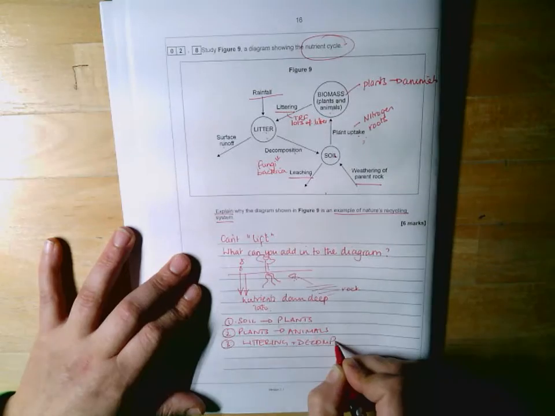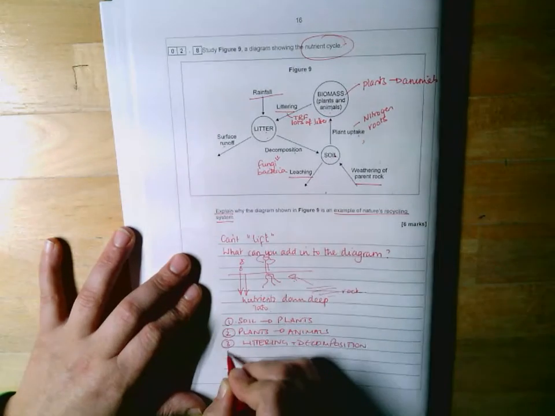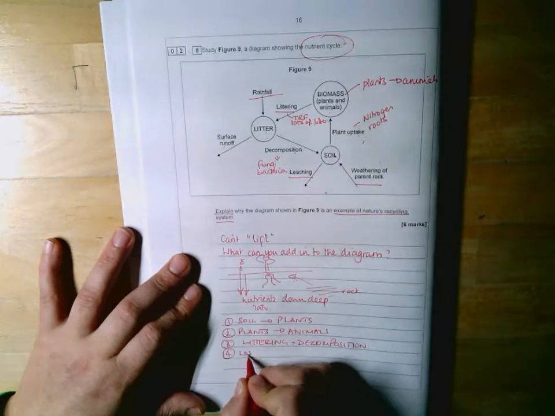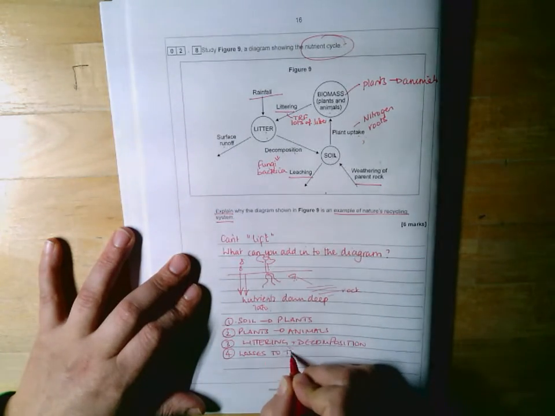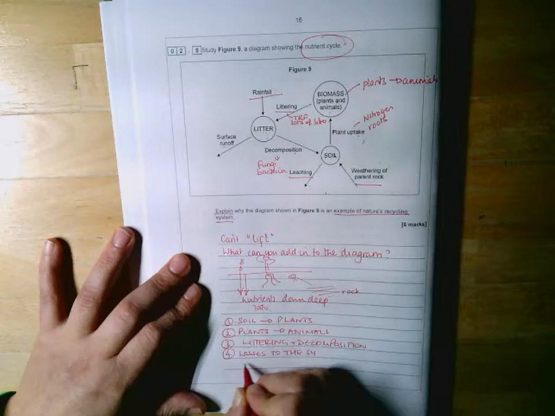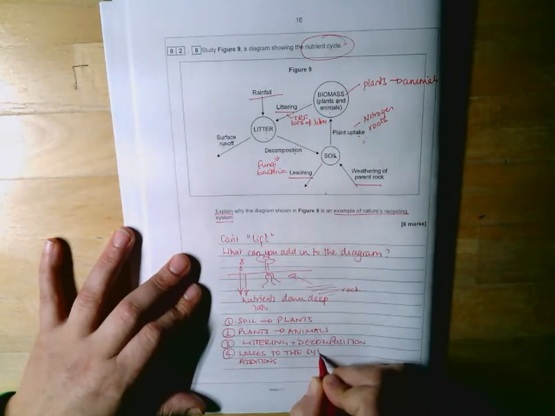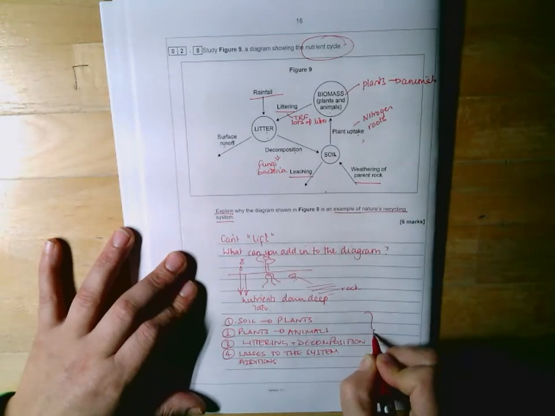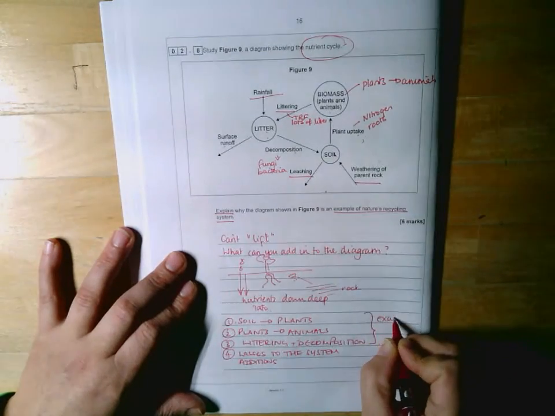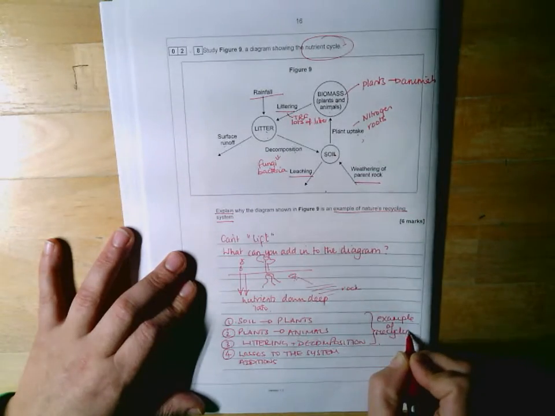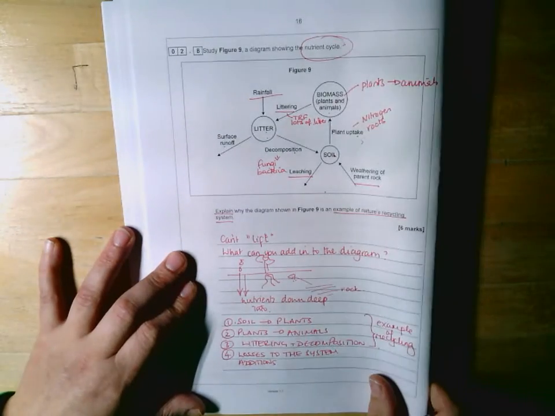And then if I was really going for my 6 full marks, I would have said about the losses to the system. Losses and additions, inputs to the system. So there we go, that's how it's an example. But remember, this is a really, really tough question, so don't worry too much.